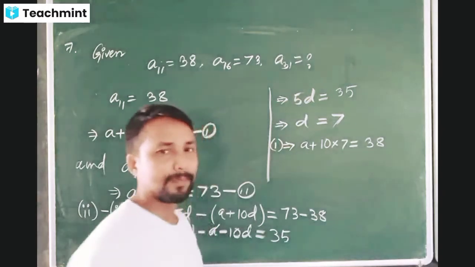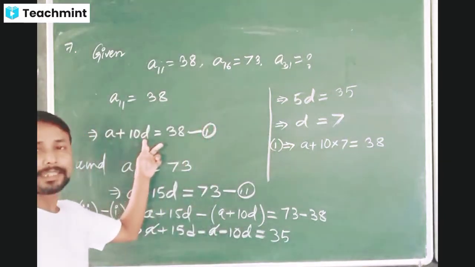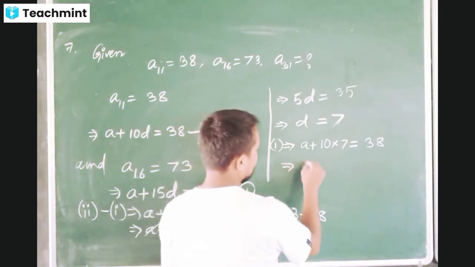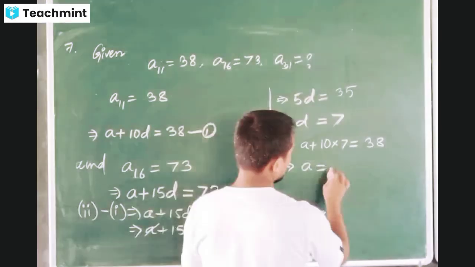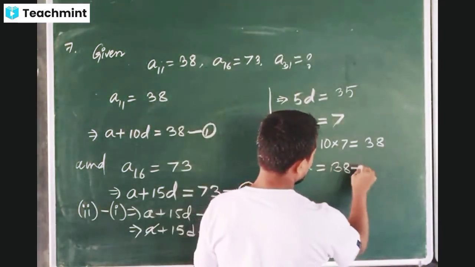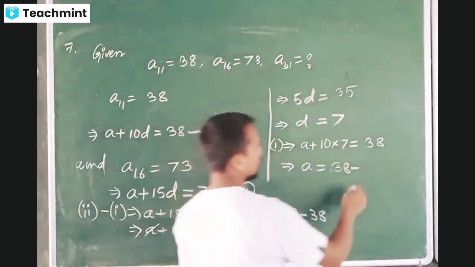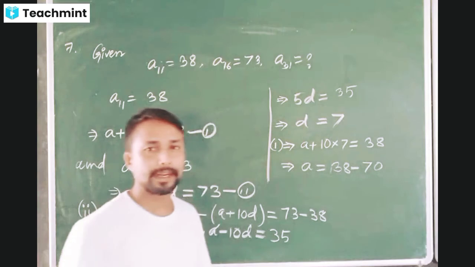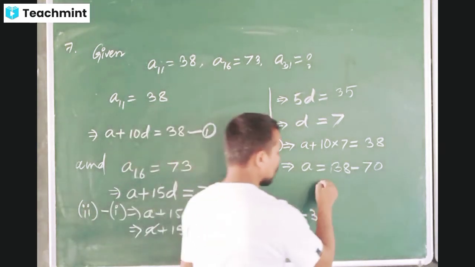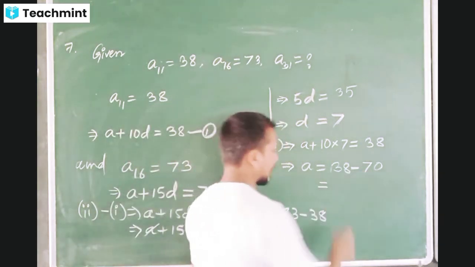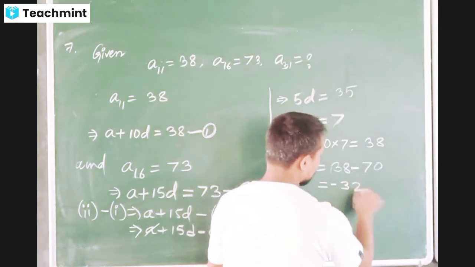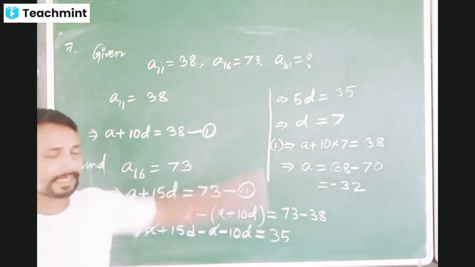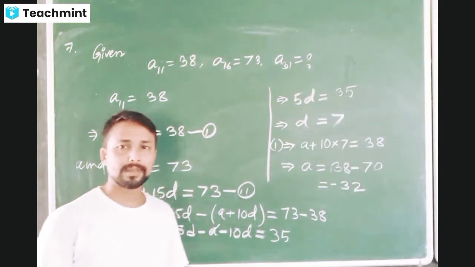Putting the value of D in place of D here, A plus 70 equal 38. The 70 goes to the other side and changes from positive to negative. 38 minus 70 is minus 32. Here we found D as well as A, both.